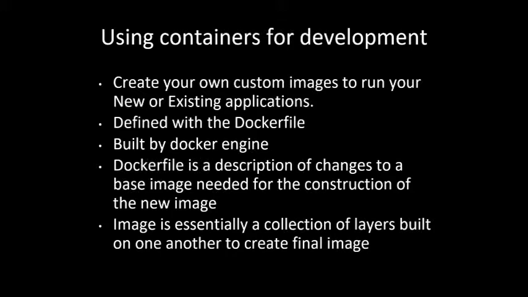Everything is defined within the Dockerfile for the Docker image. It's built by a Docker engine, and the Dockerfile is a description of changes to the base image needed for the construction of the new image. It's essentially a collection of layers built upon one another to create the final image.